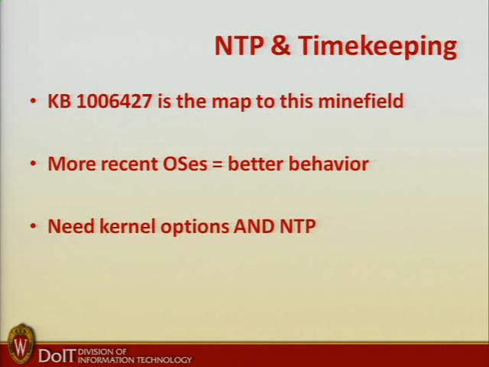NTP and timekeeping. Basically, this slide could be the whole KB article, but I chose not to regurgitate it, mainly because they keep it up to date. And that KB article, this is a big minefield. It's got a table that's a mile long that has every conceivable distribution of Linux and even the subversions.